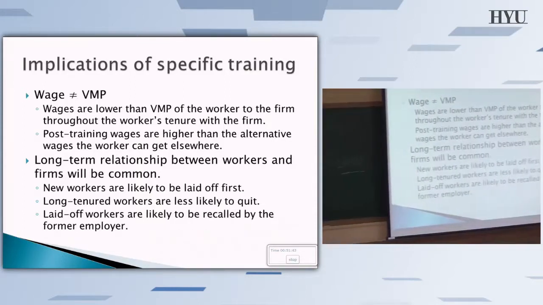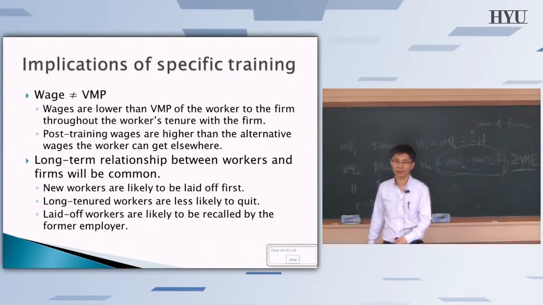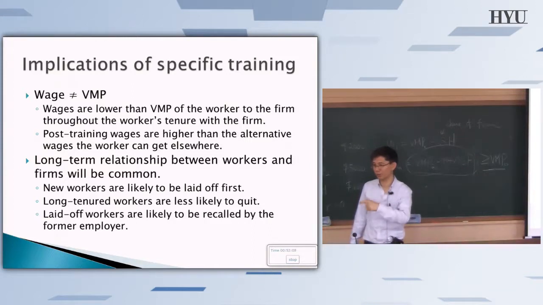So that's the one implication. Young person and old person, who are more likely to quit? Young persons are more likely to quit. It's because young persons generally have very short tenure or short work experience with the current employer. So they did not accumulate much specific human capital, and they have very little to lose even if they go to another company.